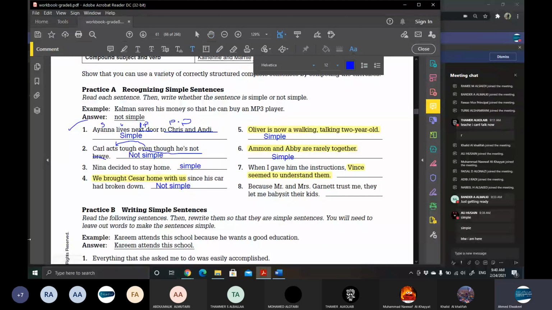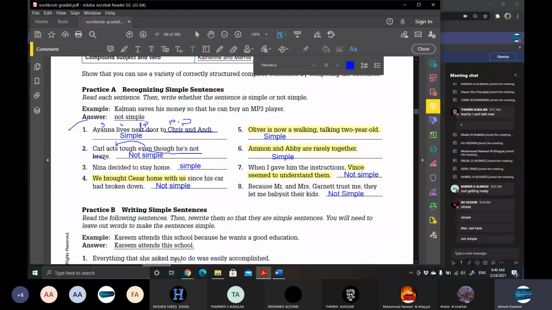It's another type of sentence called complex. Not simple. Last one, because Mr. and Mrs. Garnett trust me, they let me babysit their kids. So also not simple. And of course, the simple one alone is they let me babysit their kids. But because Mr. and Mrs. Garnett trust me, that's the dependent clause.